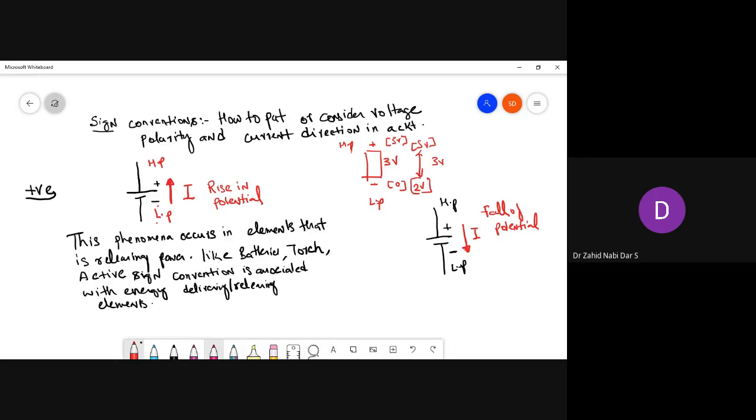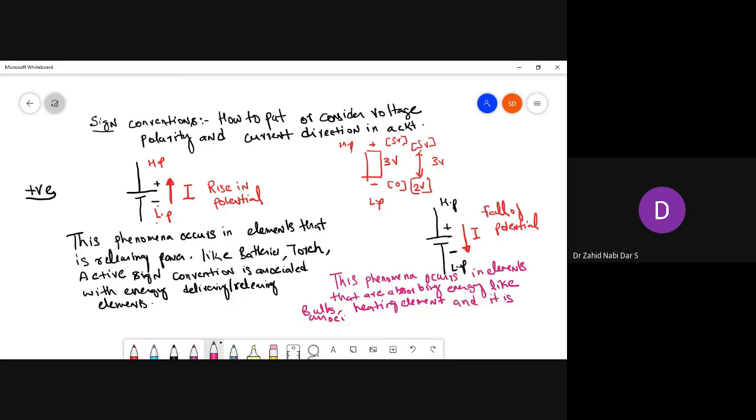So we'll say that this phenomenon occurs in elements that are absorbing energy, like bulbs, heating elements, like somebody, you must be having those induction heaters, other things, and it is associated with passive sign convention.